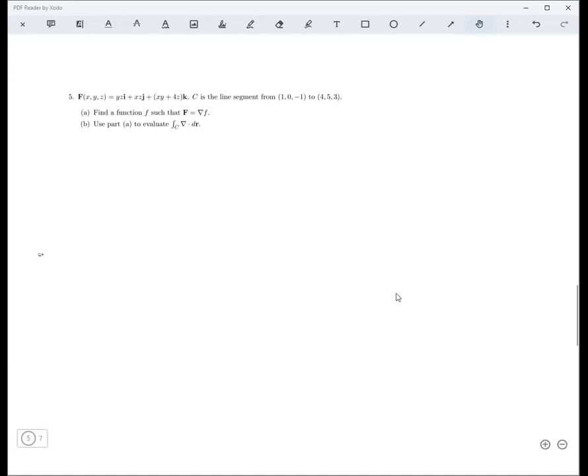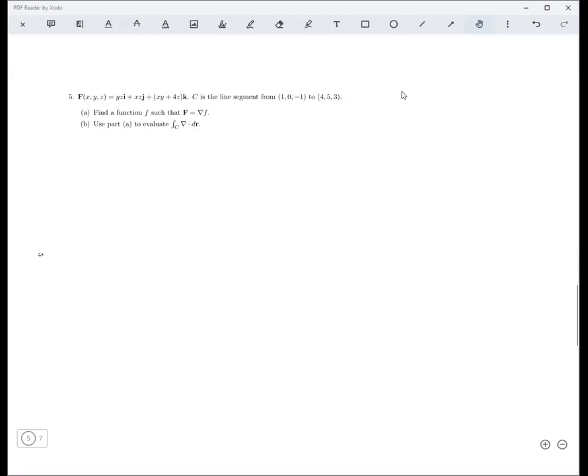Okay, so capital F of x, y, z, this is a function in x, y, and z this time. And C is a line segment from 1, 0, -1 to 4, 5, 3. So you have 3 variables.